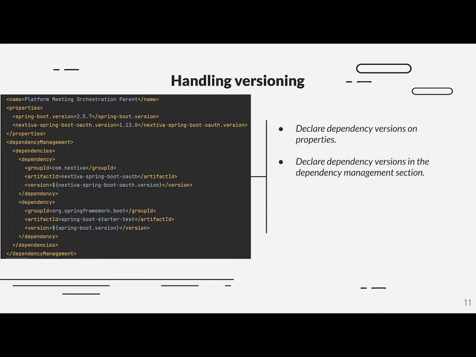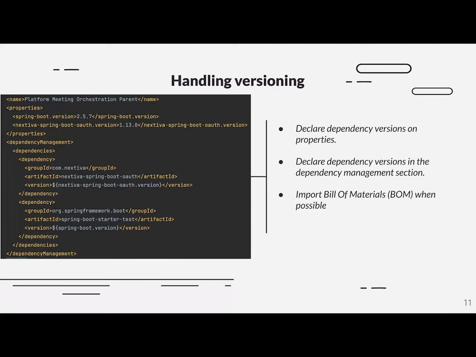Also, you will see that in the dependency management section, I'm declaring dependencies that use the version declared in the properties. And we are using a dollar sign and curly braces to gather the property value that is up there.